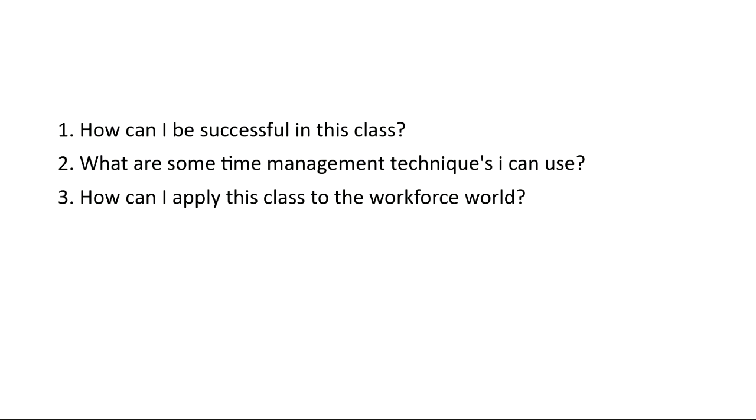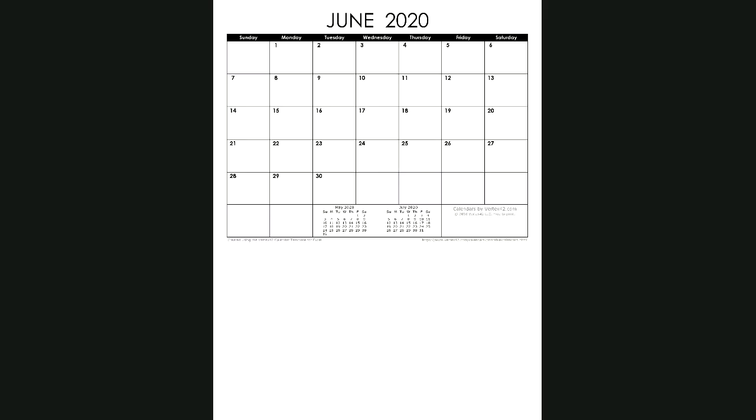There's the next question about time management techniques for this class, and a couple of students asked about this. I'm going to pull up a visual to help us think about this. When you think about this class in the summer, you're going to want to think about Tuesdays and Thursdays. There will be due dates on each of those days.